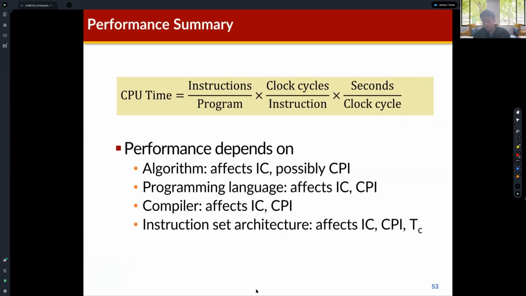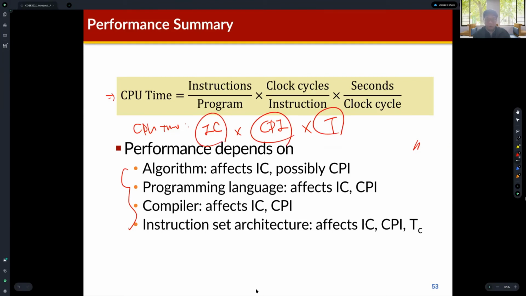So as a summary, please remember this equation for CPU time. The CPU time is the instruction count, which means the number of total instructions in a program, multiplied by CPI, the clock cycles divided by total instructions, multiplied by T, the clock cycle time. These factors are determined by different layers: software, hardware, microarchitecture, or architecture.